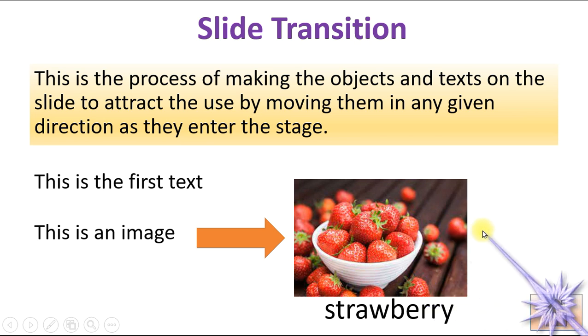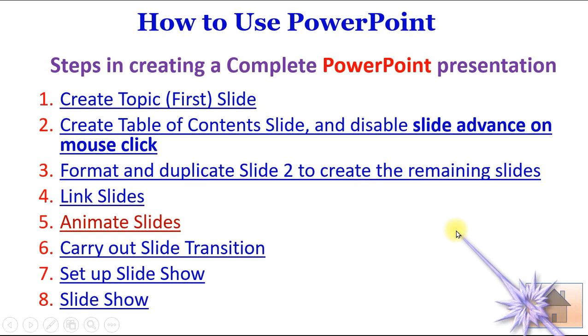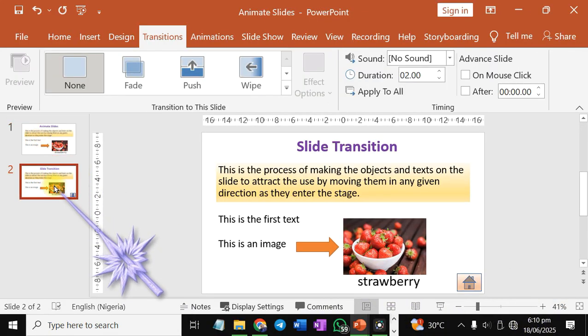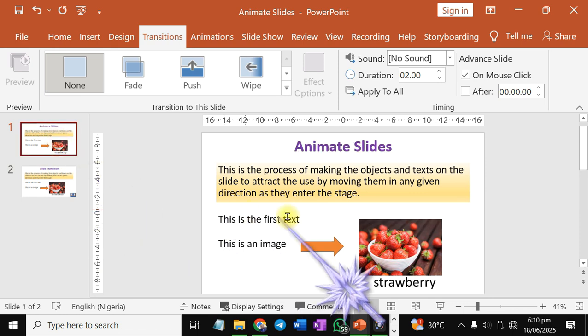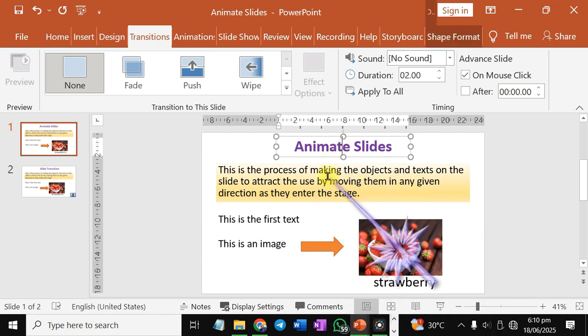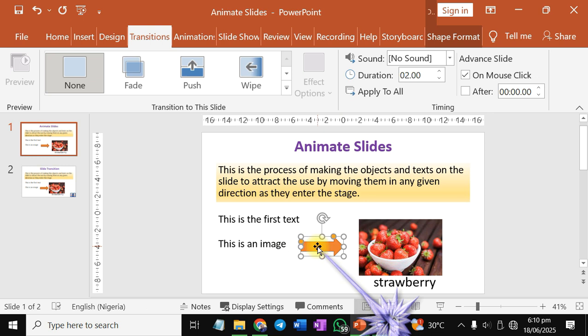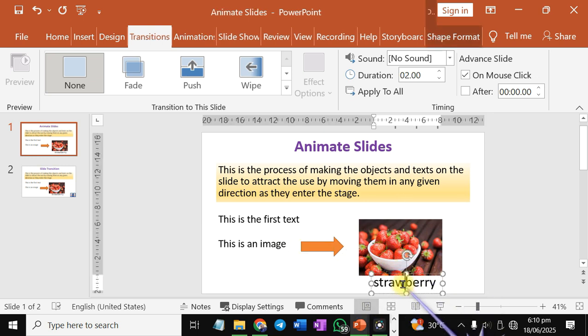So let's go back. I'm going to press the Escape key to go to the development mode. There's the first slide, there's the second slide, there's the first slide. We're going to animate these objects. How many objects do we have here? We have 1, 2, 3, 4, 5, 6, and 7.